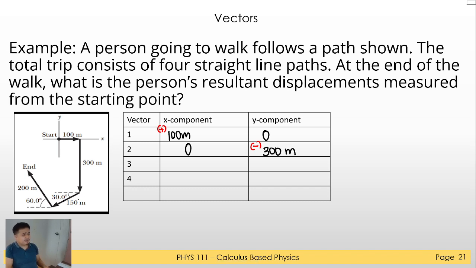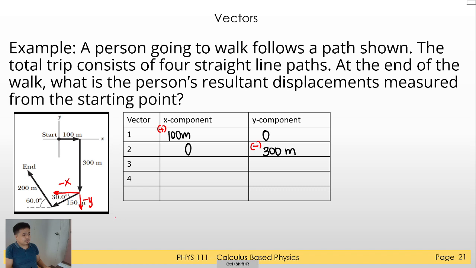The next vector has both x and y components. Since this one is heading to the left, its x component is negative, and going downwards, the y component should also be negative.